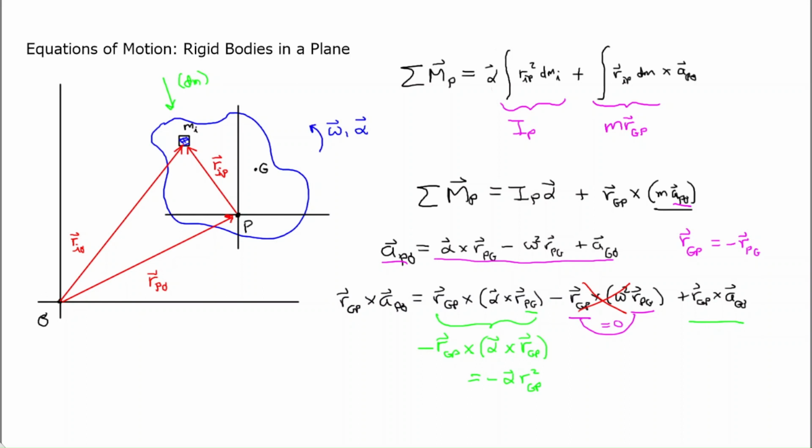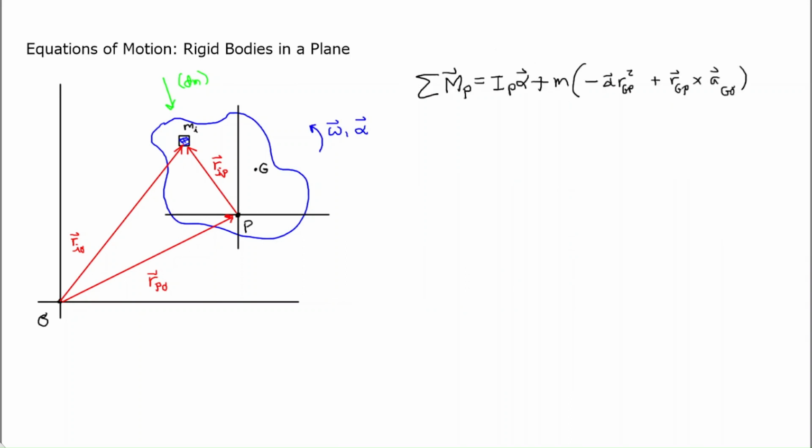So now let's substitute back into the sum of moments equation. Here we are substituting what we got on that last screen, after having taken the cross product.